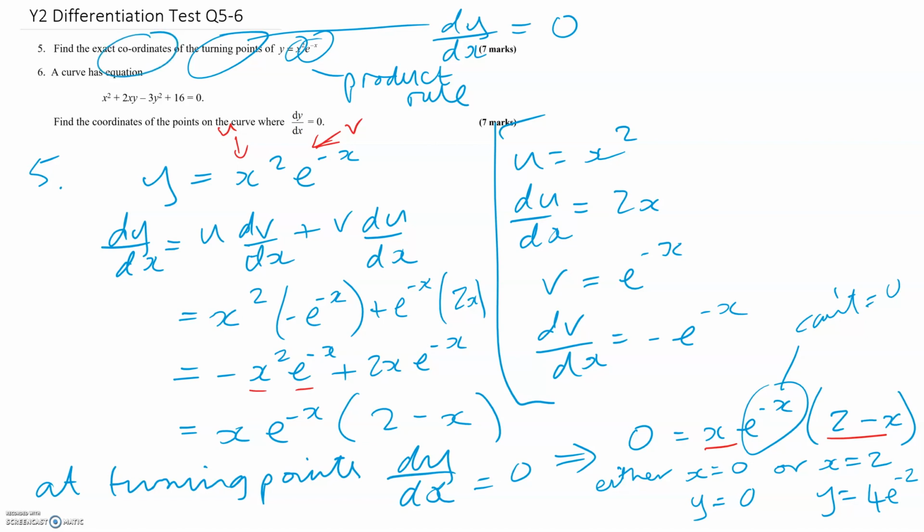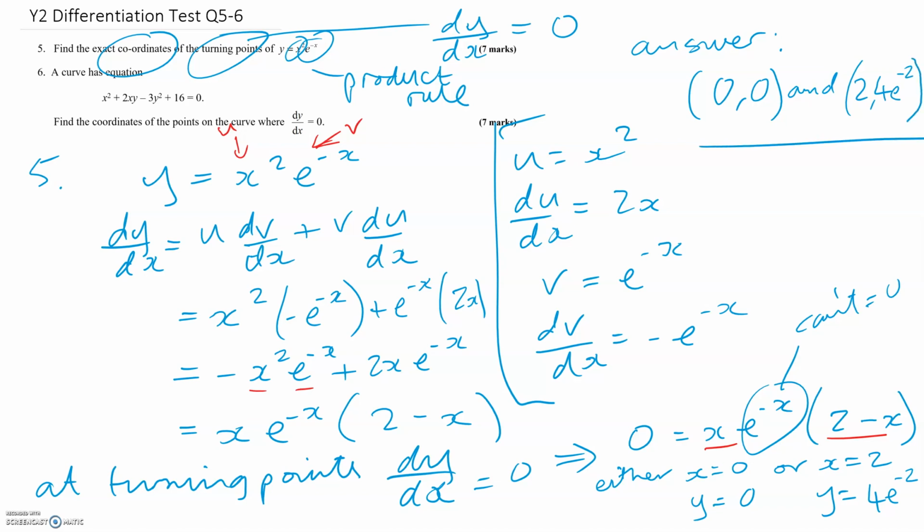The question asks for coordinates, so we should really finish that off by writing the final answer in coordinates, which are 0, 0, and you'll also have a stationary point at 2, 4e to the minus 2. So that's the final answer for question 5. You have those two stationary points, turning points, where dy by dx equals 0.